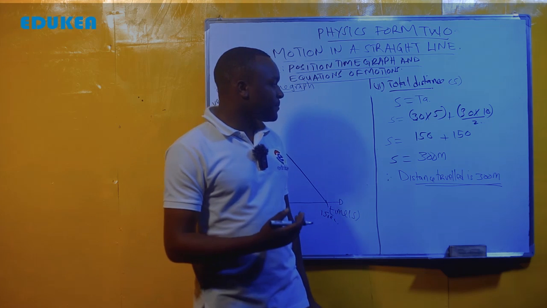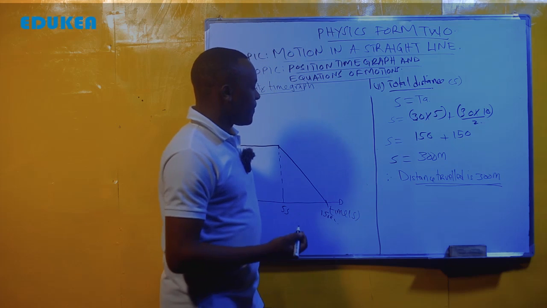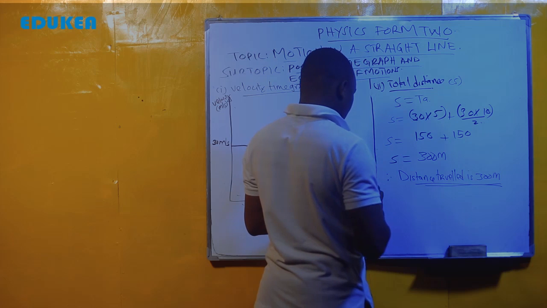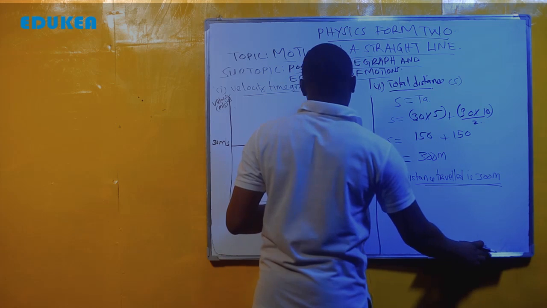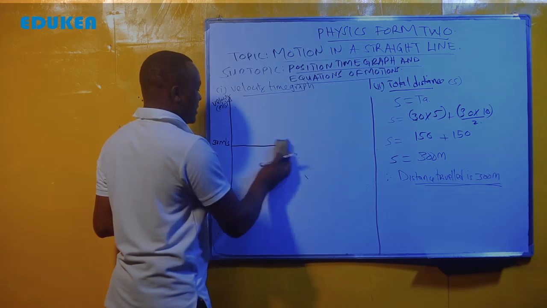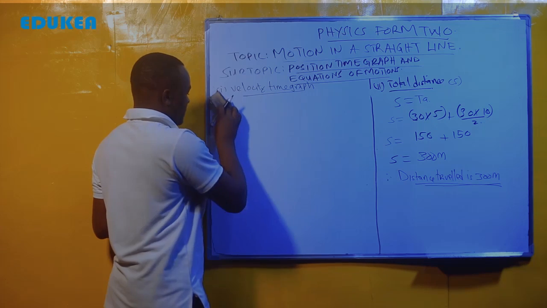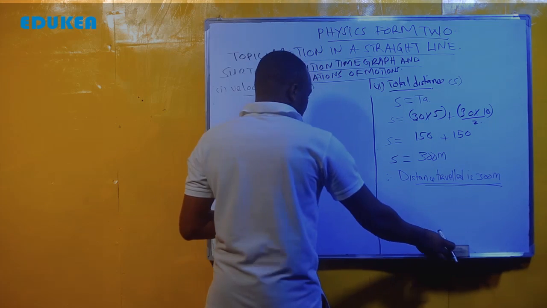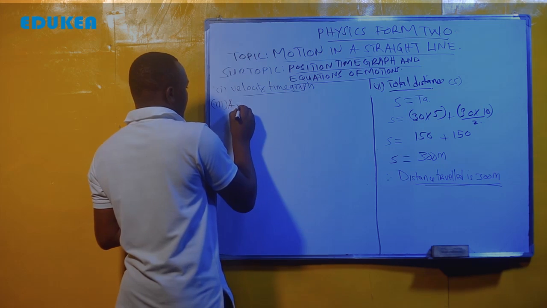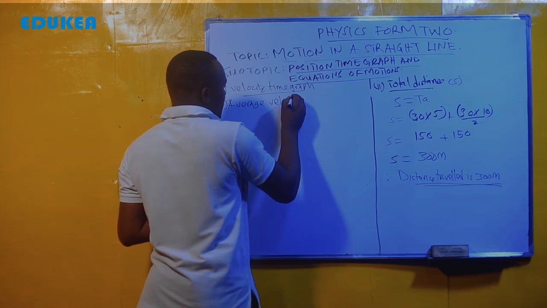So let's finish with the third part, which we are required to find, the average velocity. How can we find the average velocity?